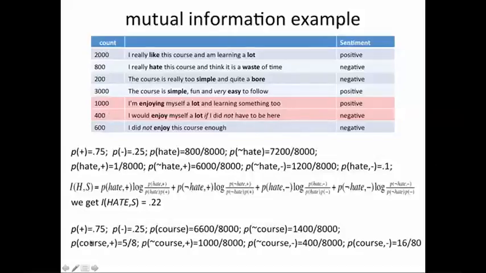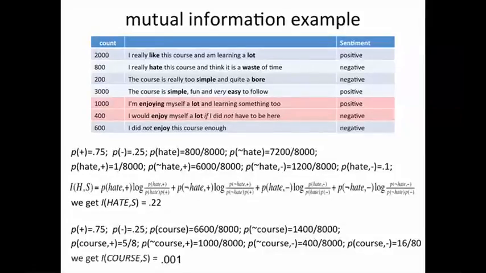The joint probability of coarse given a positive again changes. It's not all the positive comments, it's just 5,000 out of the 6,000 positive comments have coarse because you're removing these 1,000 comments that are positive and don't have coarse. And the probability that not coarse occurs in a positive comment is exactly this 1,000. So you get these values.